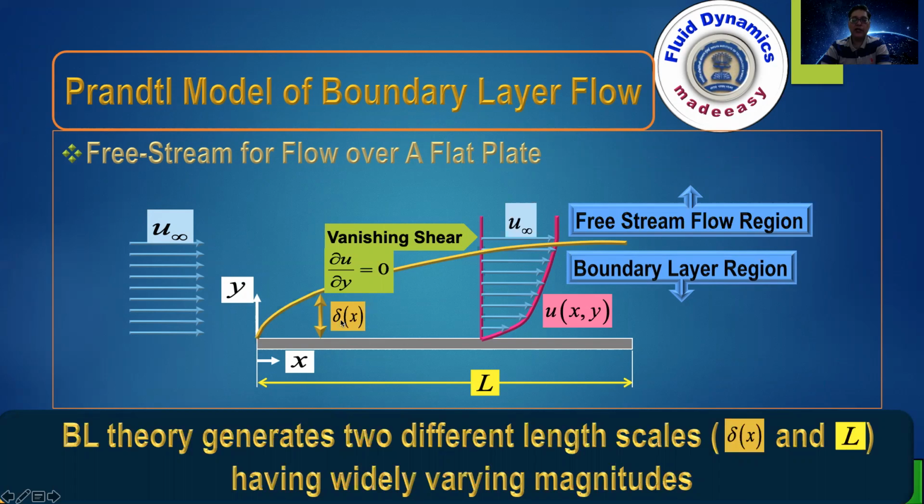So this delta is much smaller than the length of the plate. The boundary layer theory generates two different length scales, delta, the boundary layer thickness, and the length of the plate, which have widely varying magnitudes. Delta is much smaller compared to the length of the plate. And this is the key to the solution that I'll be presenting using scaling analysis.